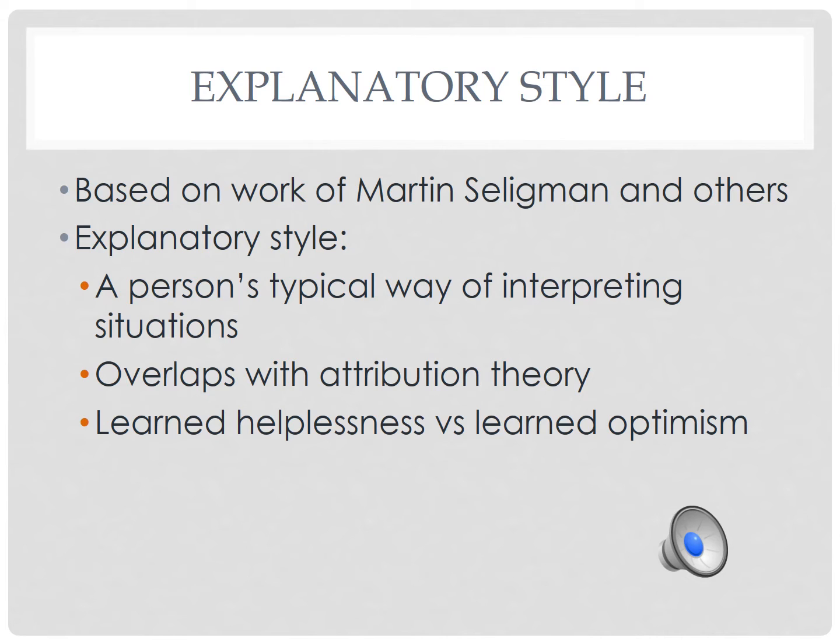Whereas, if something good happens, an optimist tends to take credit for it, if you will, and see it as something that's going to continue, whereas the pessimist tends to think it's kind of luck, if you will, and expects it to go away very soon. So you'll see there's different ways of conceptualizing both positive and negative situations.